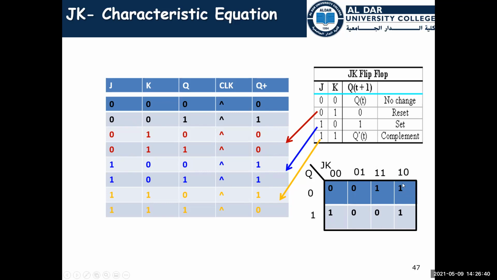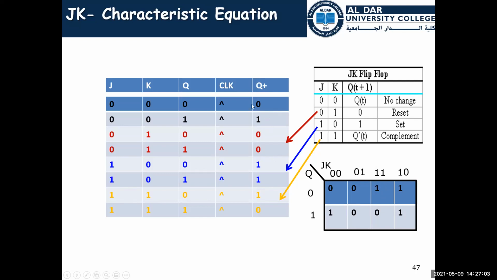This is the second one. This one, 1 0 1, is the corresponding one here. The last one we want to put in the table, we see it is 1 1 0, which is this location.